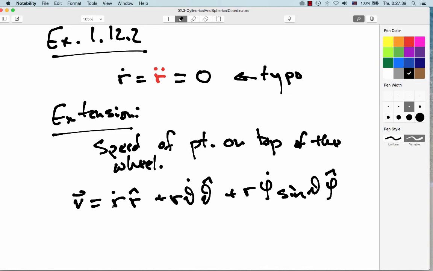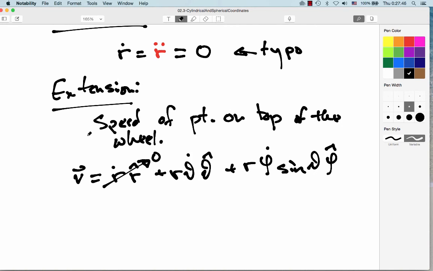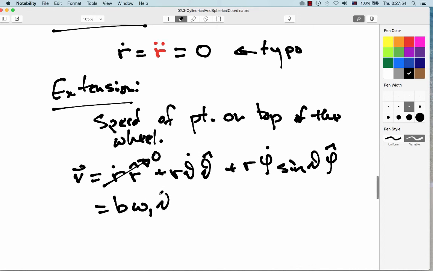The radius of the wheel doesn't change, so that term drops. Now, we said that the radius of the wheel was b, so this will be b theta dot, which is omega 1, in the theta hat direction, and then phi dot, the precession angular frequency, so this will be plus b omega 2 sine theta phi hat.